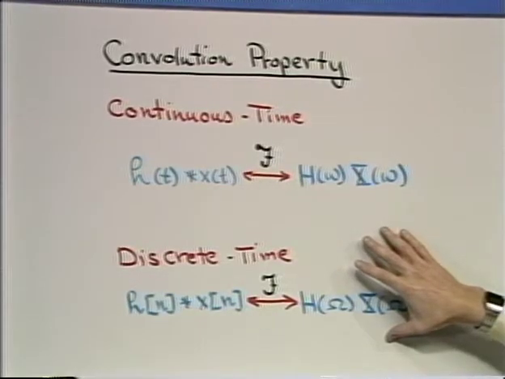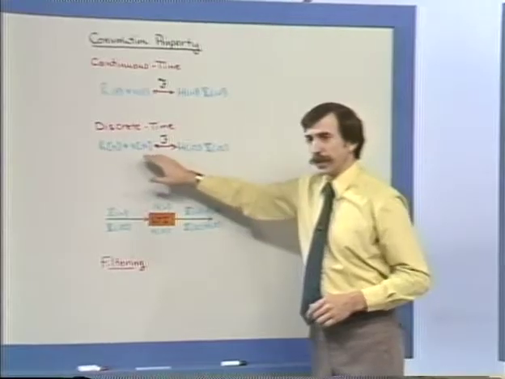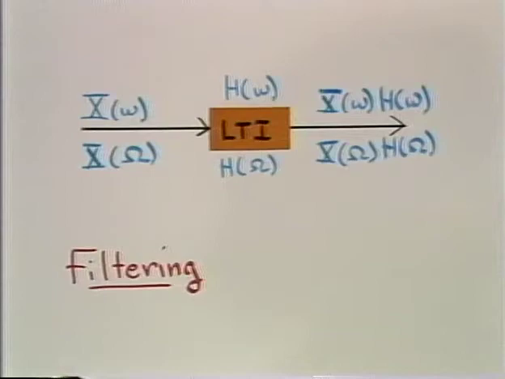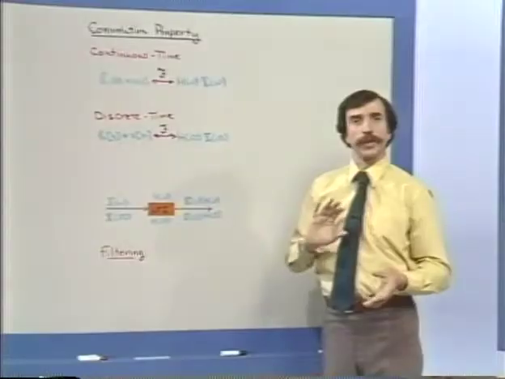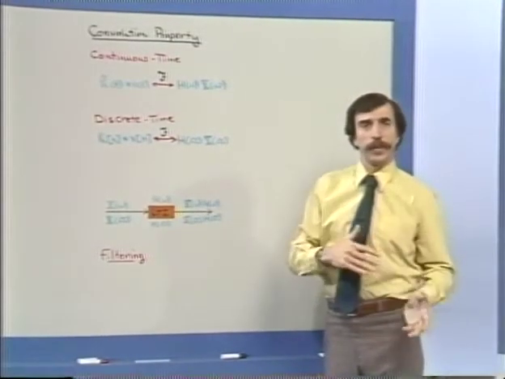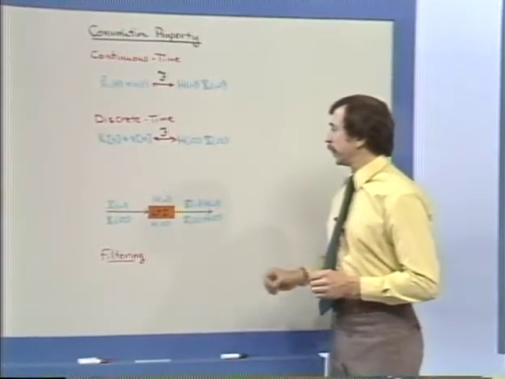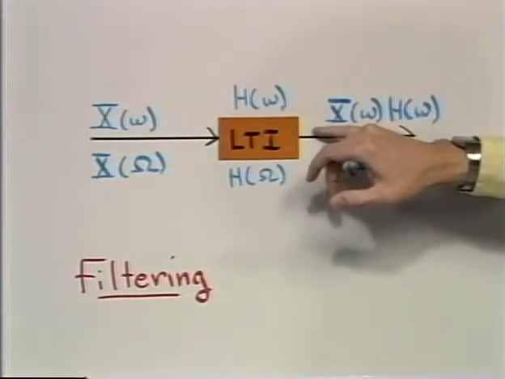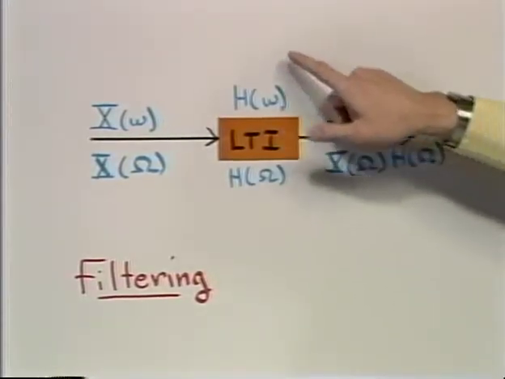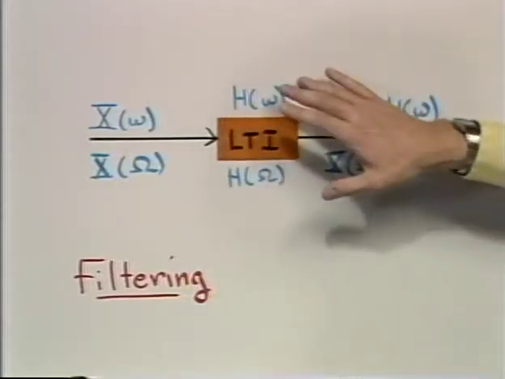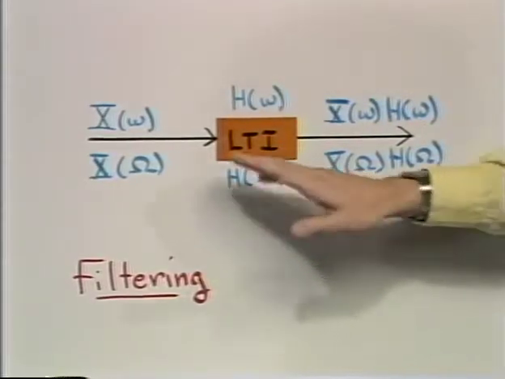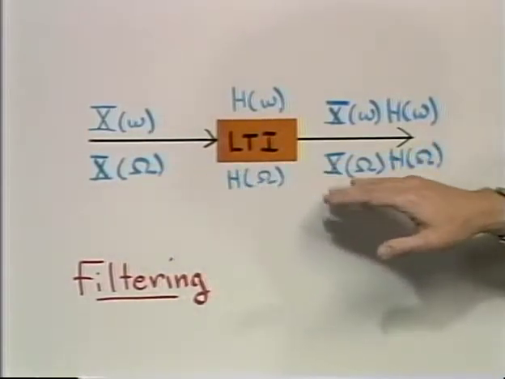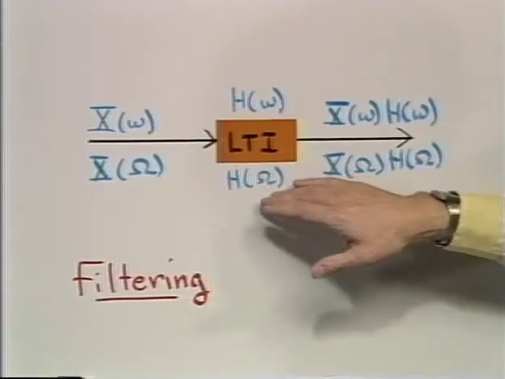Now, what this means in terms of linear time invariant filters, since we know that in the time domain, the output of a linear time invariant filter is the convolution of the input and the impulse response. It says essentially then in the frequency domain that the Fourier transform of the output is the product of the Fourier transform of the impulse response, namely the frequency response, and the Fourier transform of the input. So the output is described through that product.